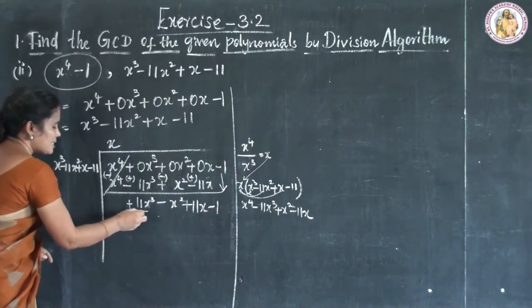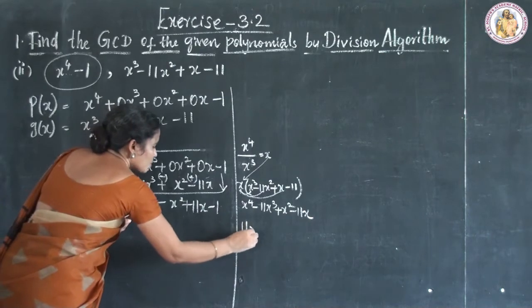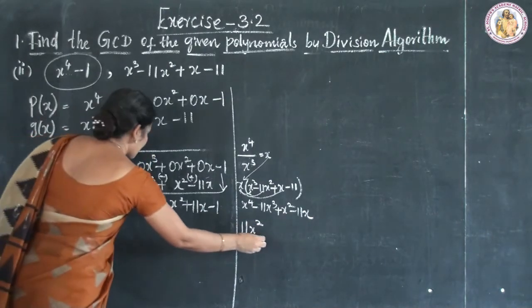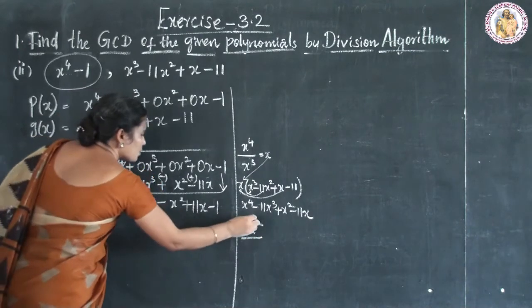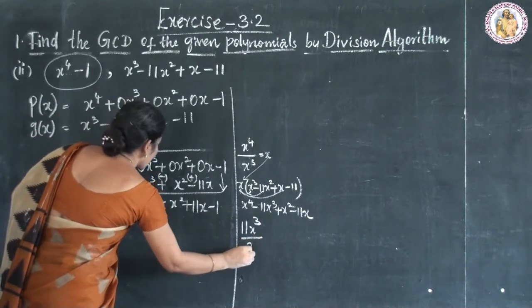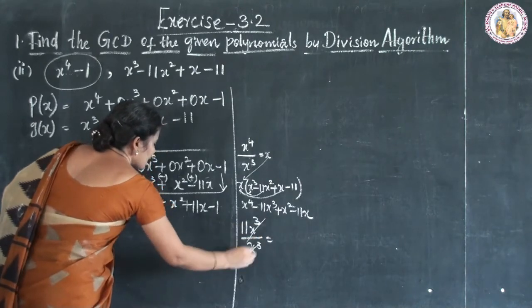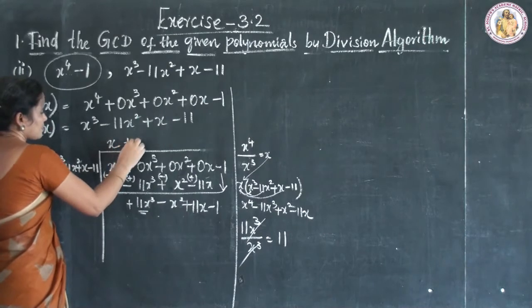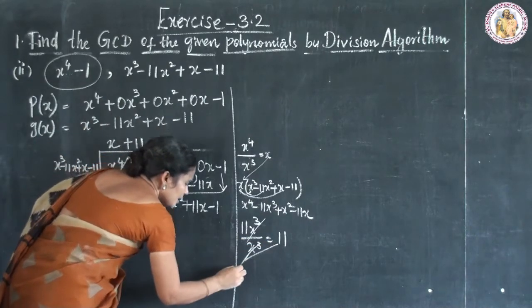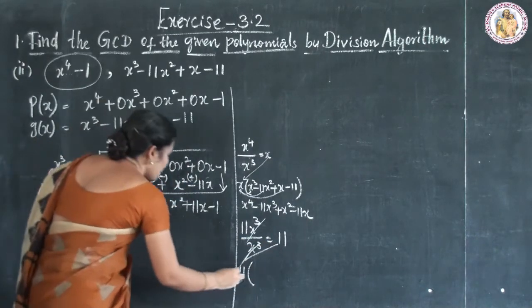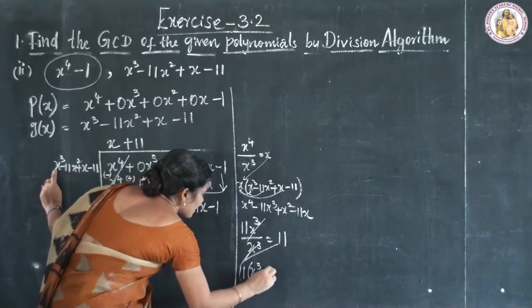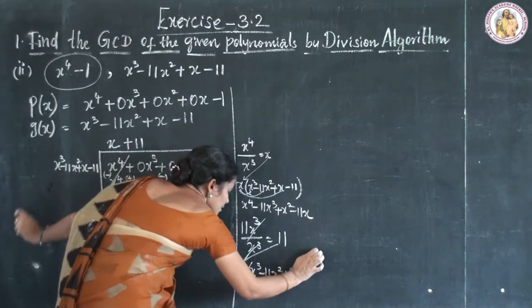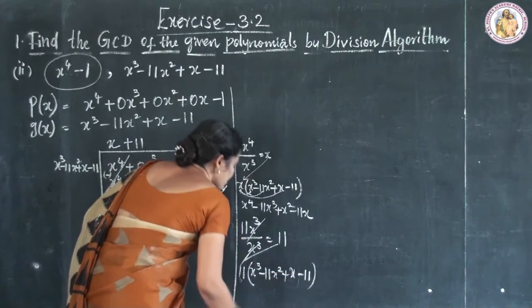Now again the same procedure, 11x cube divided by x cube. X cube cancels, 11. Then 11 within brackets, x cube minus 11x square plus x minus 11.